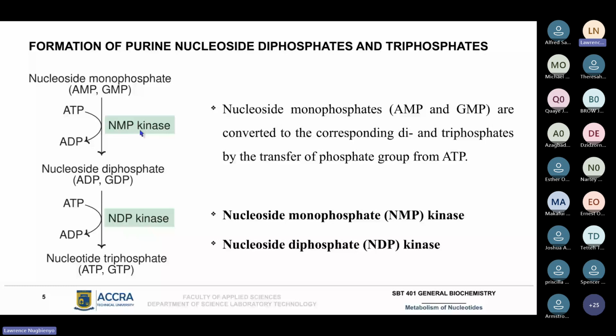So we keep saying that kinases are enzymes that are involved in the transfer of phosphate groups from one molecule onto the other. Here we see a nucleoside monophosphate kinase, nucleoside diphosphate kinase in these two reactions, being the enzymes catalyzing the transfer of phosphate groups from ATP onto these substrates to form their corresponding diphosphates and triphosphates.